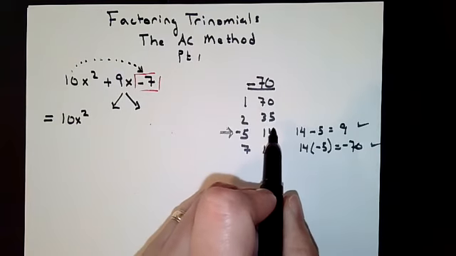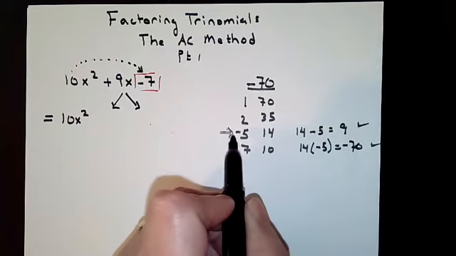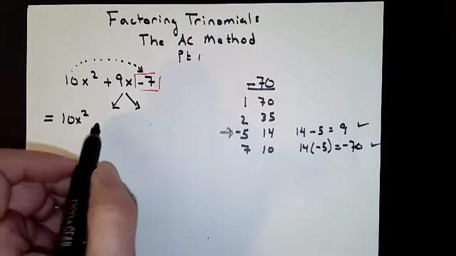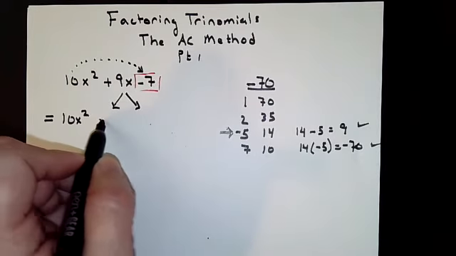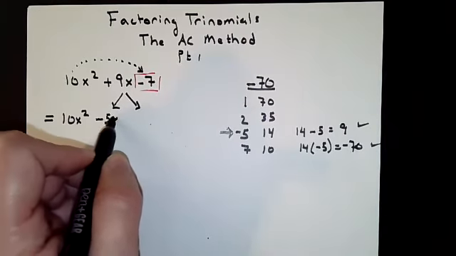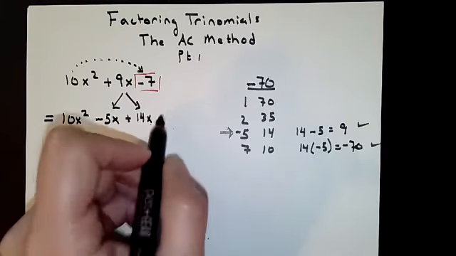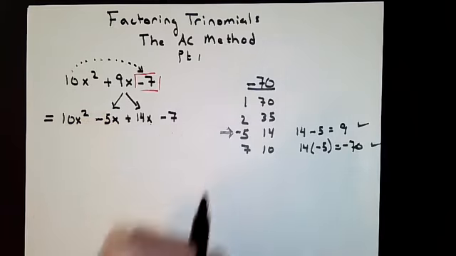One of them will have a coefficient of +14. The other will have a coefficient of -5. And it doesn't actually matter the order you write it in. I'm going to choose to write this as -5x plus 14x. And then we still have the -7 at the end.